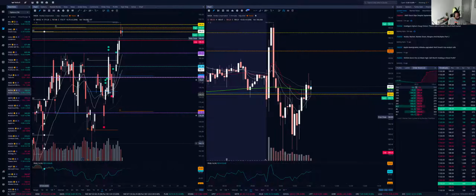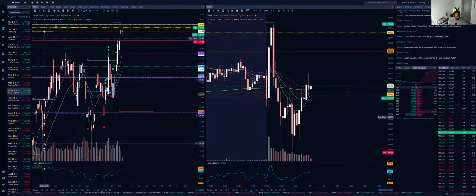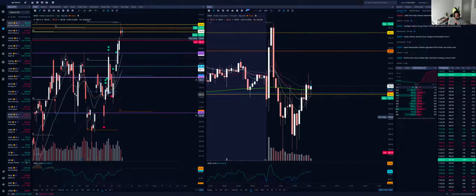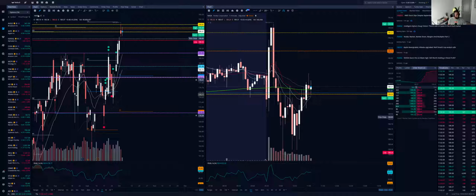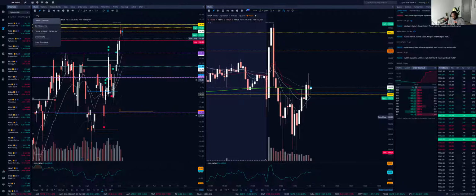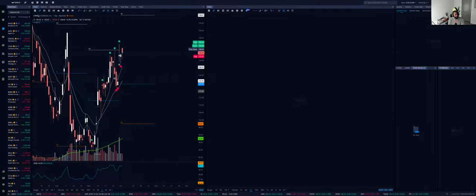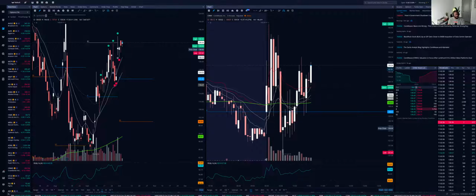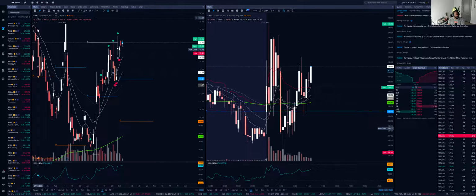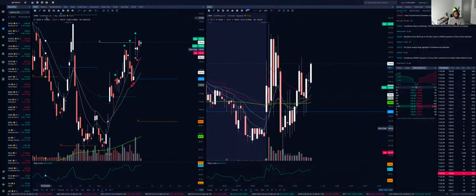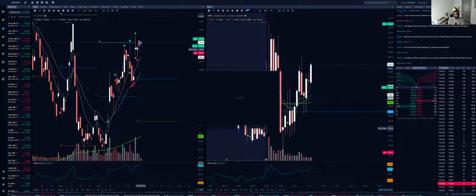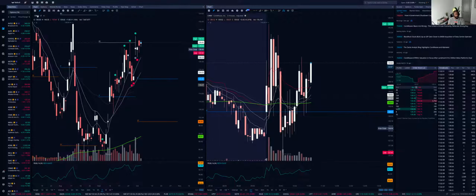And the last one I'll look at is CoreWeave. Let me check that one out because that's one that a lot of people have been trading. I need to add this to my watch list too. How do I add this thing? I'm trying to add it to my watch list.